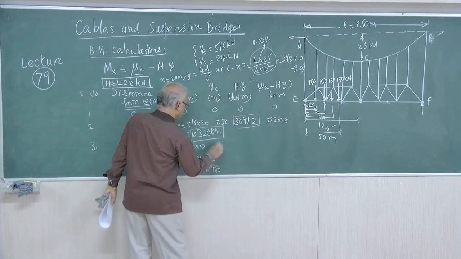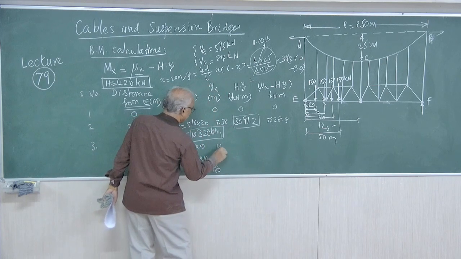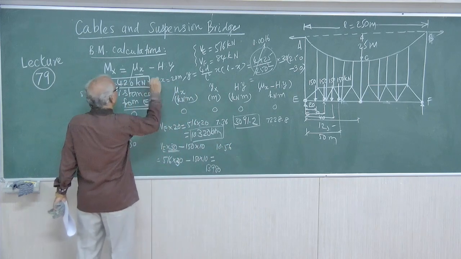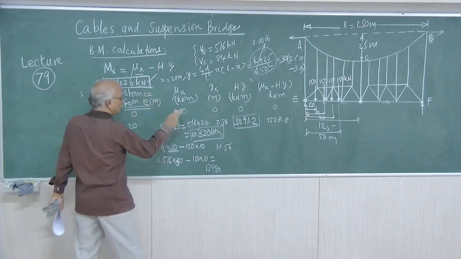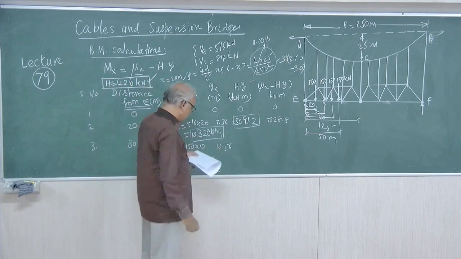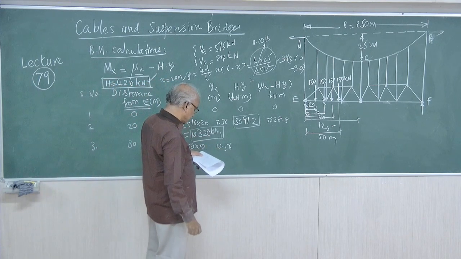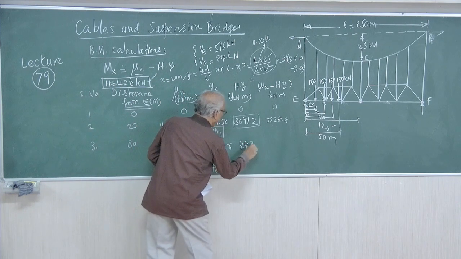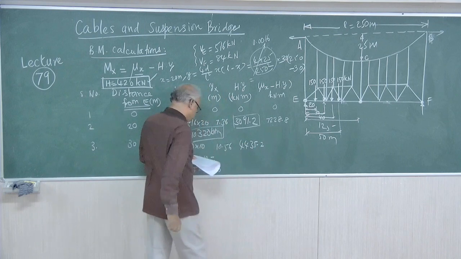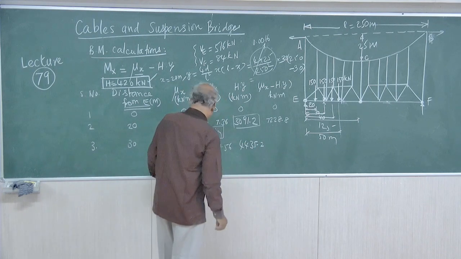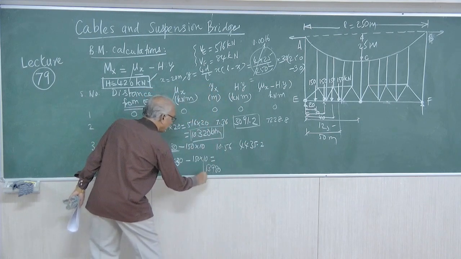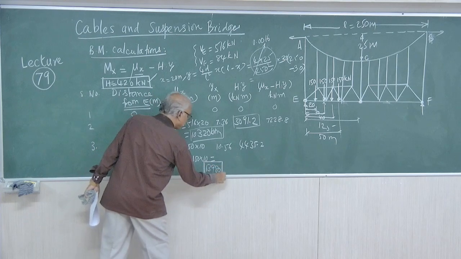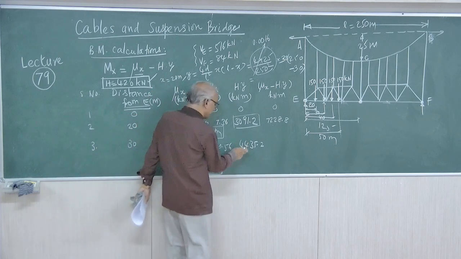Again, H is already known. H is 420 into 10.56, which equals 4435.2. This 13,980 is the bending moment as a simply supported beam, and this is the reduction.